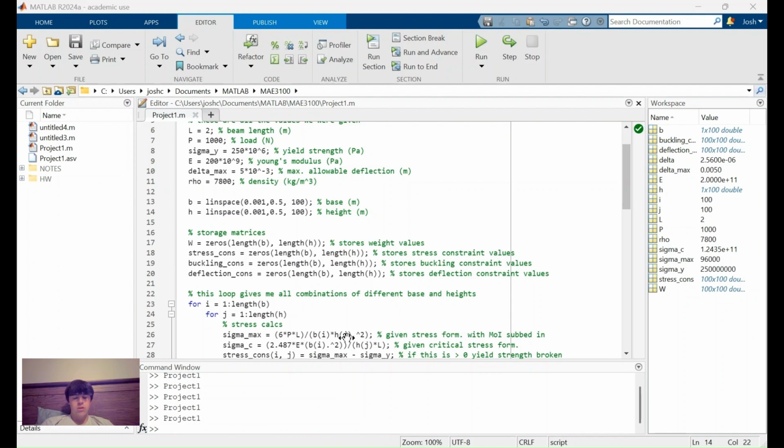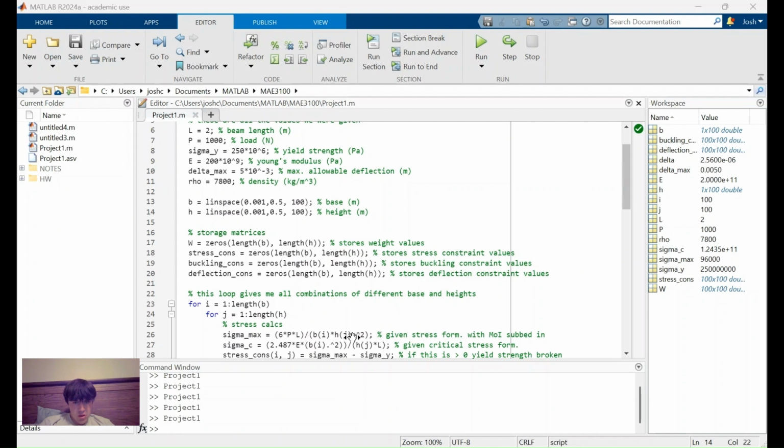Or sorry, a base of around 150 millimeters, a height of around 16 millimeters, right? Yeah. And to increase stiffness, you can try and go over as far as you can without breaking the constraint. So we might be able to optimize it a little more.